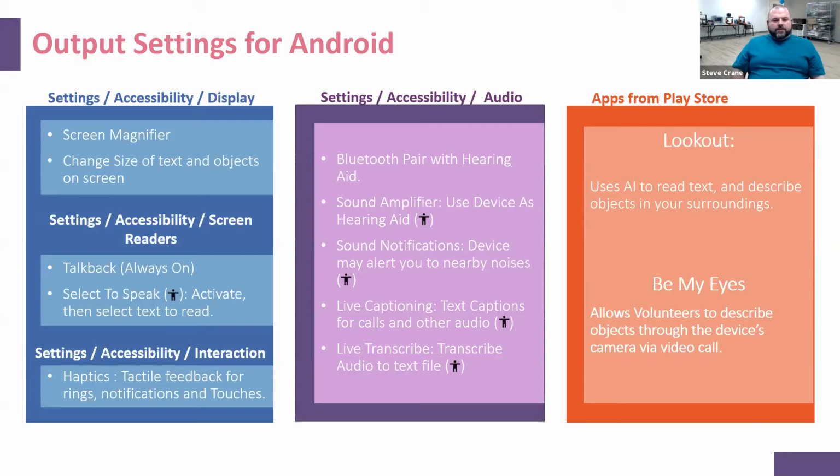Now, these two types of features are things that are going to come up again and again today. On one hand, you have things that you basically set and forget. Changing the size at which the text displays on your screen, you really only have to do that once on a device as long as you're happy with the results.